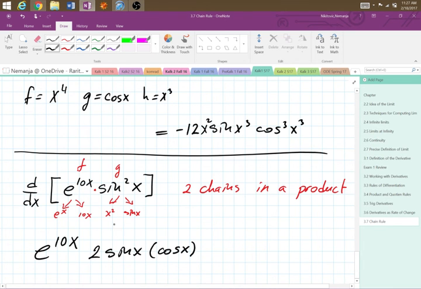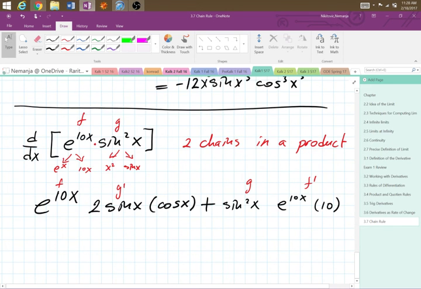Remember, it's sine squared x, so it's 2 sine, and derivative of sine is cosine. So that's the first, plus, so this was your f g prime, plus g f prime. So copy g, sine squared x, times f prime, which is derivative of e, is e to the 10x, times 10.